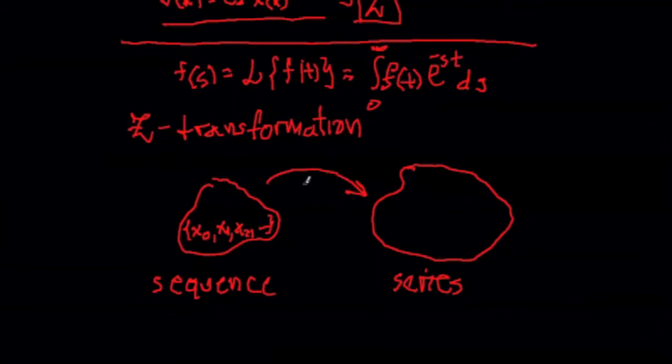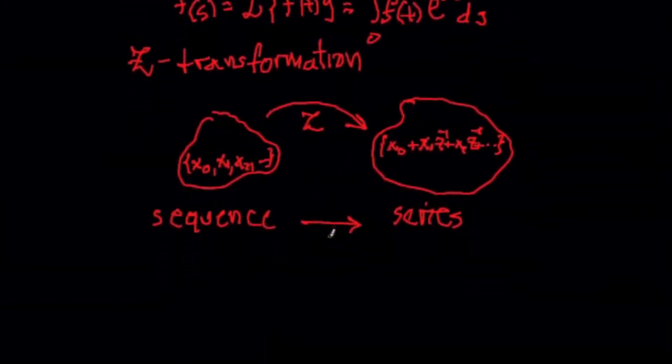The Z-transform will just map this into the series expression given as x0 plus x1 z minus 1 plus x2 z minus 2 plus and so on. So it's quite simple. A sequence becomes a series through the Z-transform.